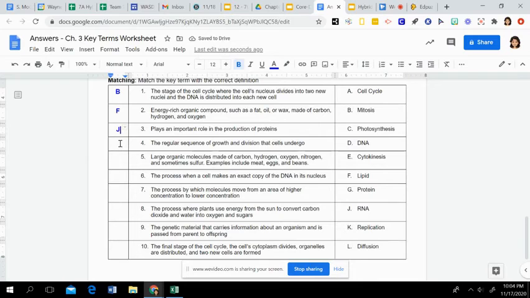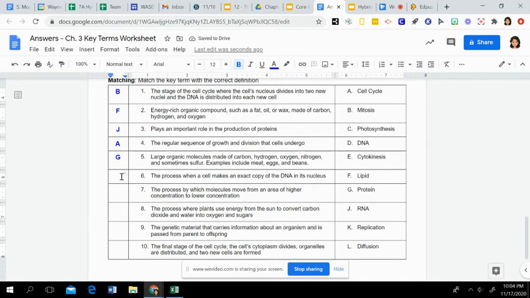The regular sequence of growth and division that cells undergo is considered the cell cycle. Large organic molecules made of carbon, hydrogen, oxygen, nitrogen, and even some of them include sulfur. And examples are meat, eggs, and beans. This would be a protein.